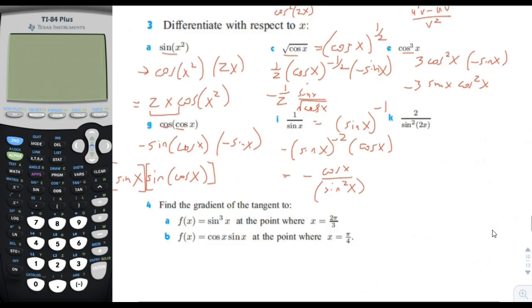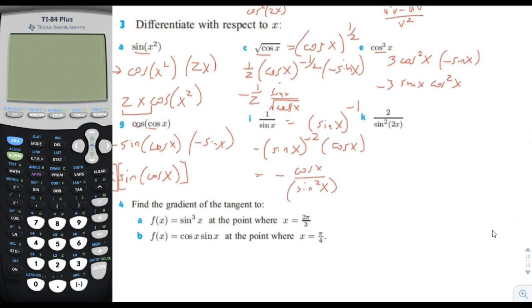Okay, and then 2 over sine squared of 2x. We can rewrite this as 2 times sine of 2x to the negative 2.